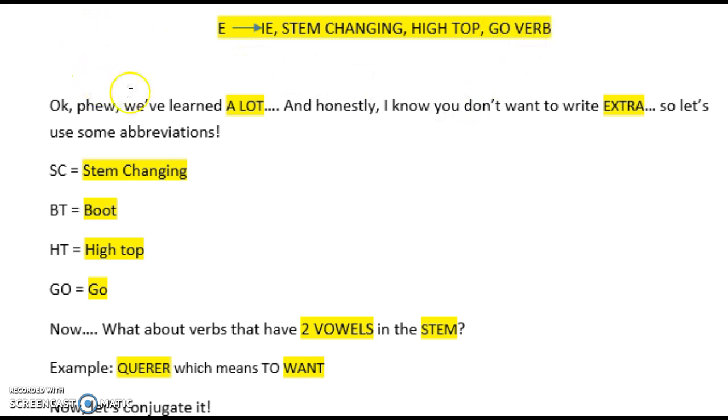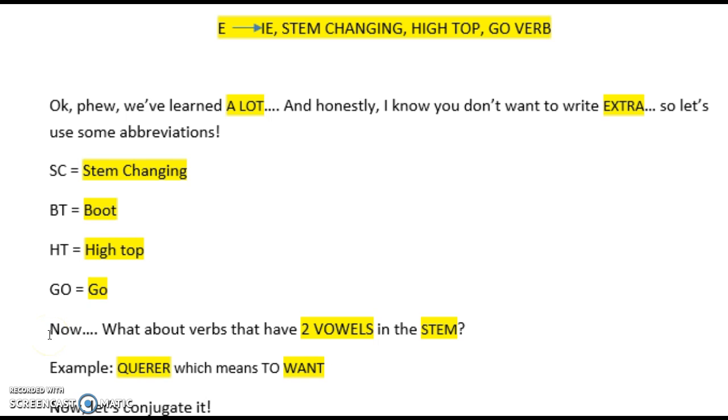Okay, we have learned a lot. Yes, a lot is 2 words. And honestly, I know you don't want to write extra, so let's use some abbreviations. From now on, the abbreviation SC stands for stem changing, BT stands for boot, HT stands for high top, and go is go.